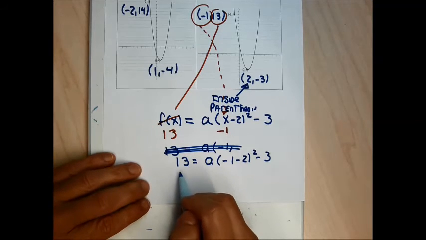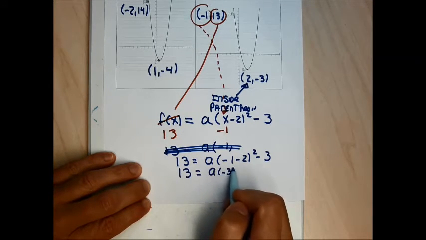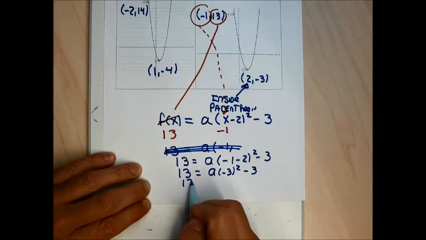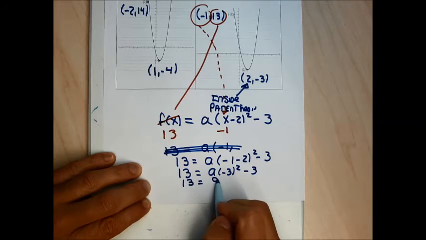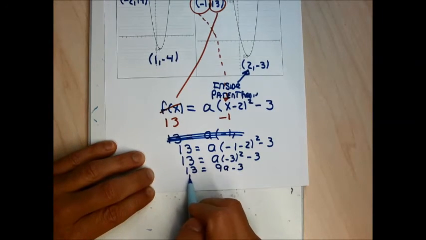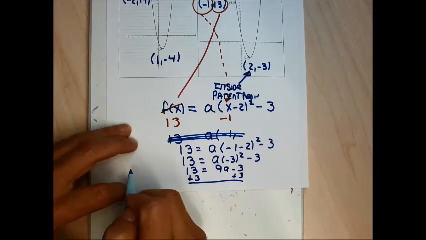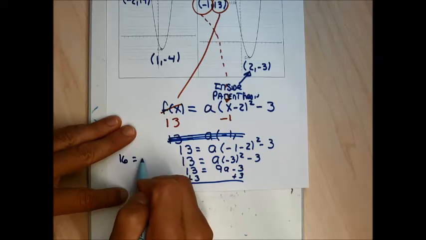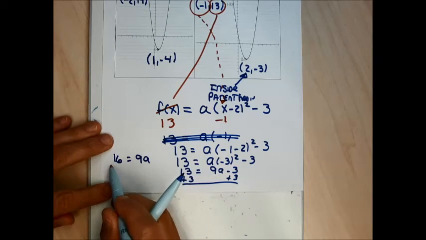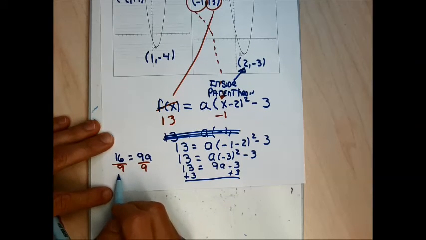So this is going to give me 13 equals a times negative 3 squared minus 3. This is going to give me 13 equals 9a minus 3. I'm going to add 3 to both sides. This is going to give me 16 equals 9a, and then I'm going to divide by 9, and I'm going to get a as 16 over 9.